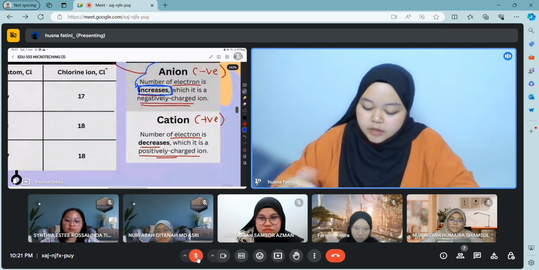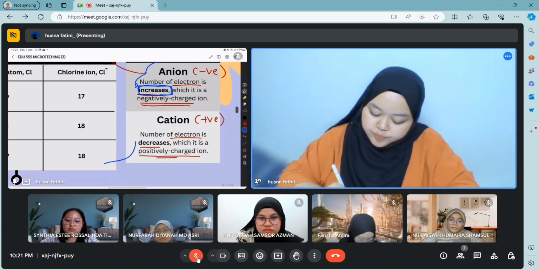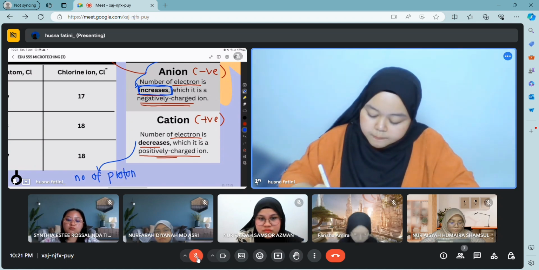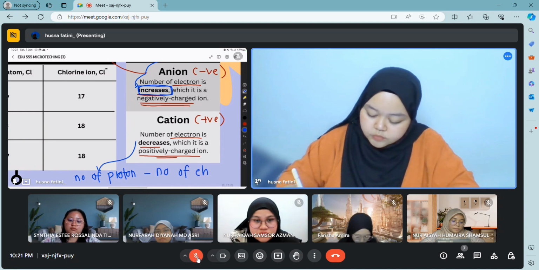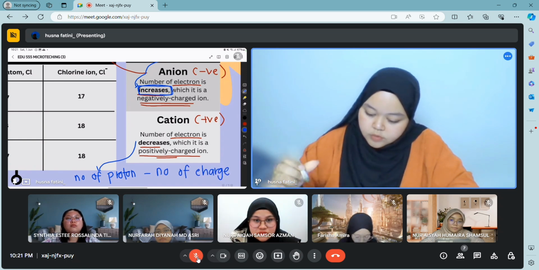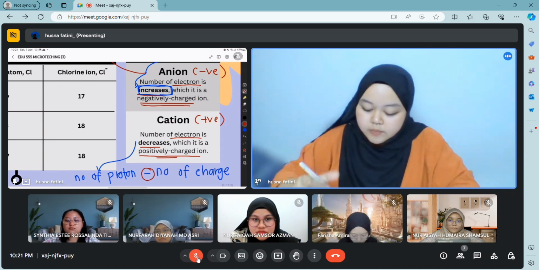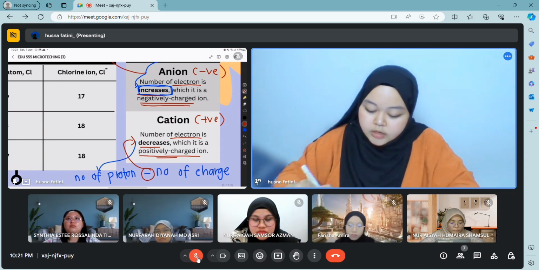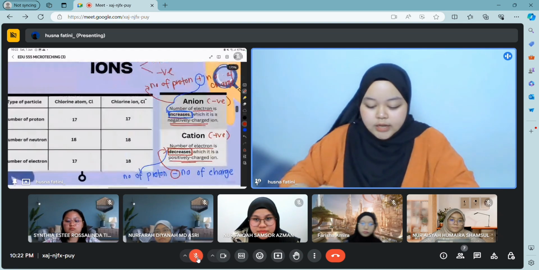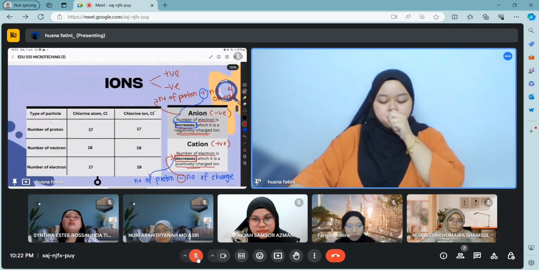Meanwhile, for the cation, the number of protons minus the number of charge. So I put here it is negative, minus, because it says here that the number of electrons needs to decrease.